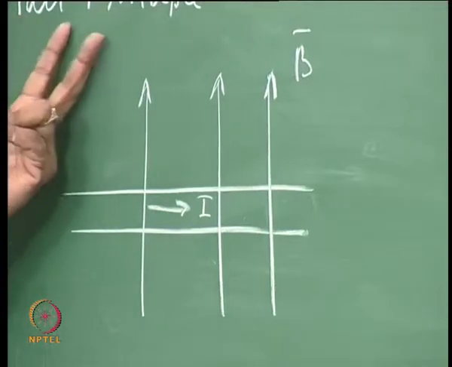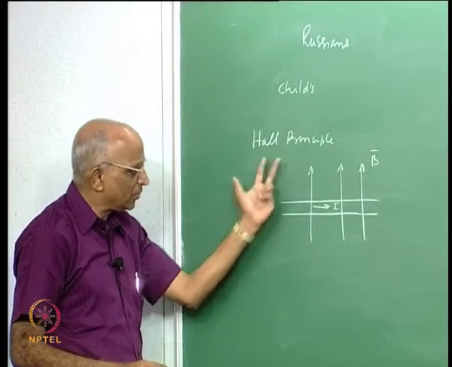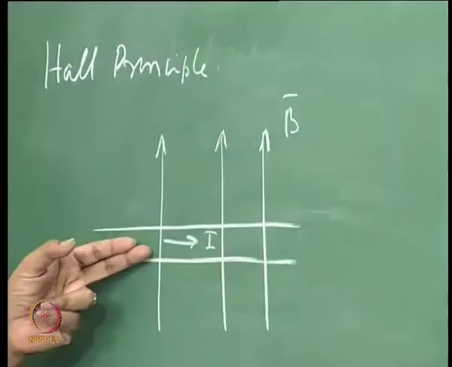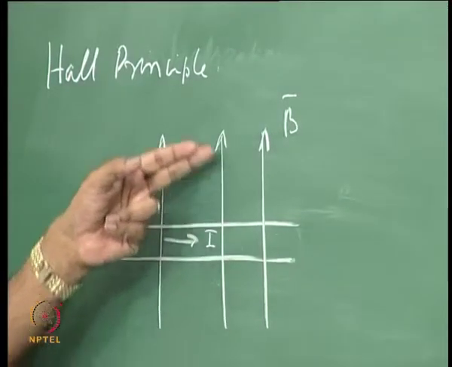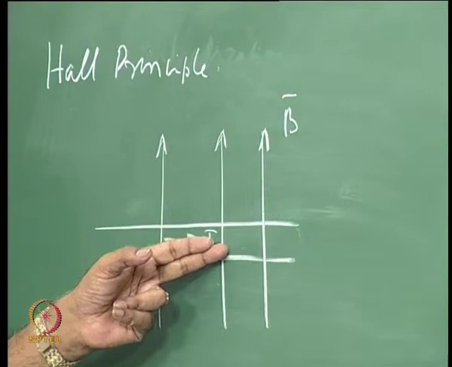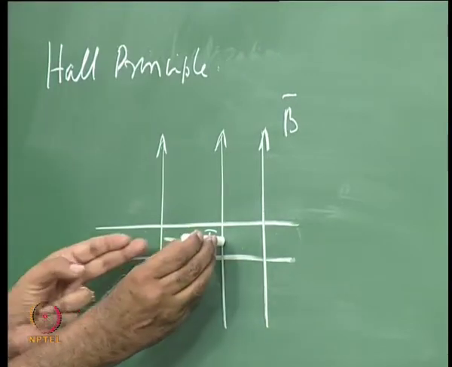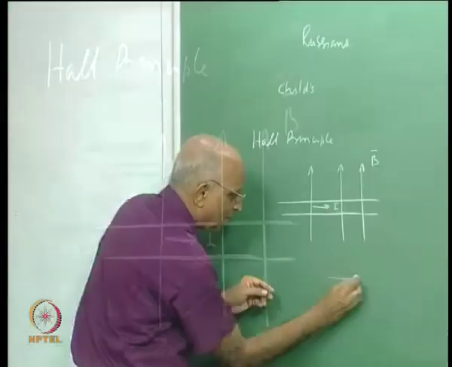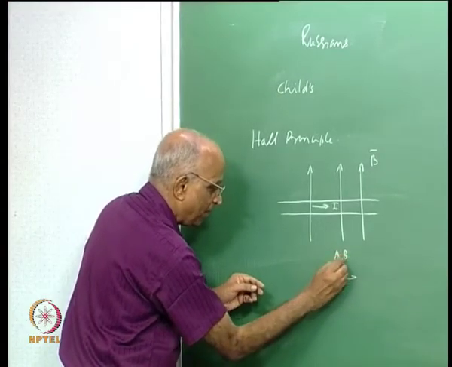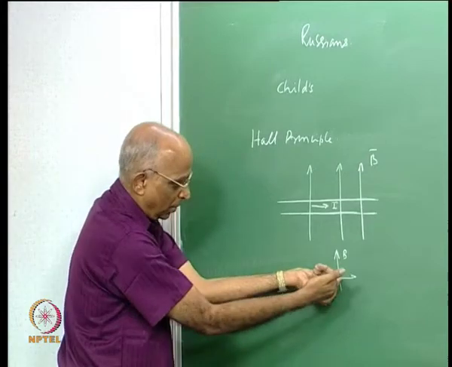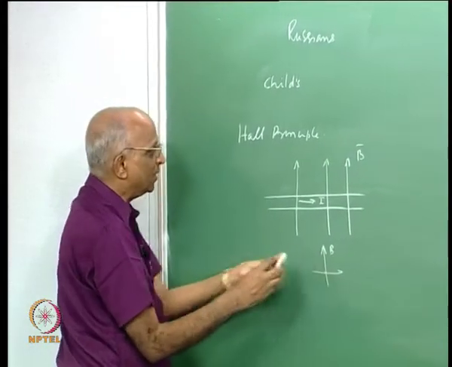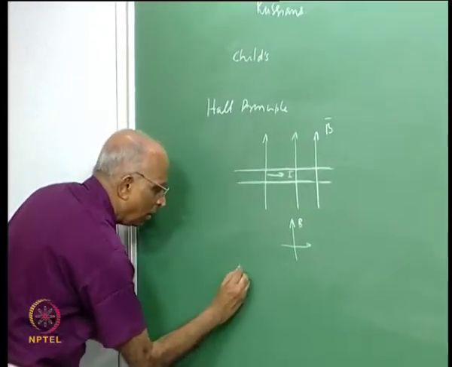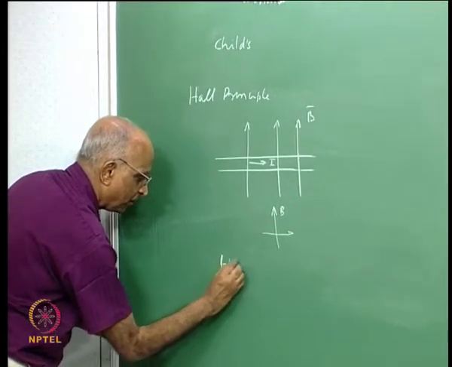Then the Hall principle states that when a conductor carrying a current is placed normal to a magnetic field, a voltage is generated normal to both the current and the field. In other words, if I pass a current like this which is in a field B, I generate a voltage normal to both, and this is known as Hall principle or Hall effect.